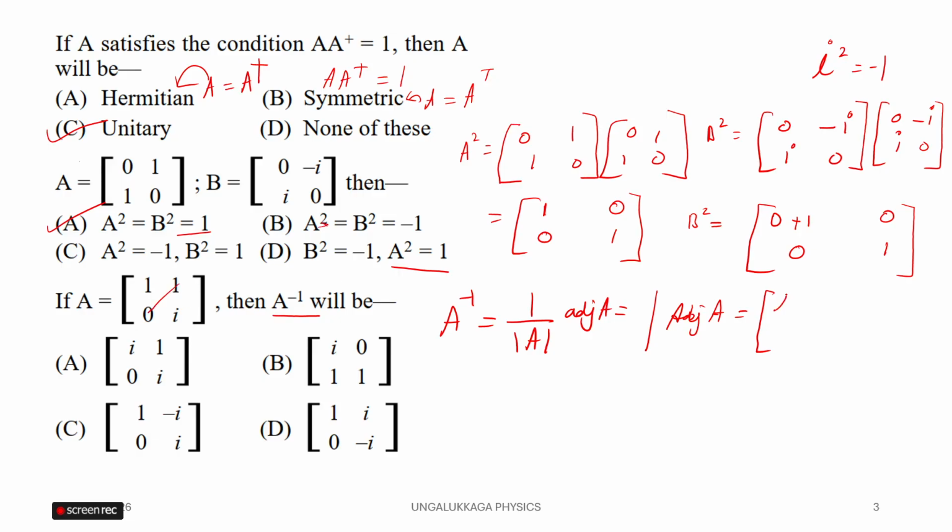So here we have i and 0, and we have to change the sign here, -1, 0 and 1 here.